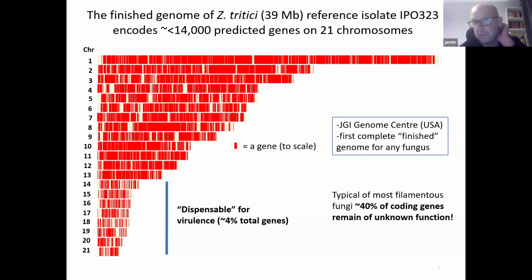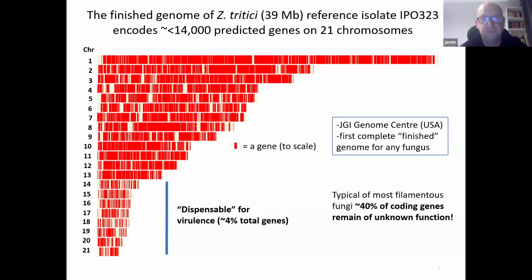At the time, it was the first complete finished genome for any fungus. So quite a scoop, really, for what was then called Mycosphaerella graminicola, before it more recently became Zymoseptoria tritici. You can see there in the red bars all the different genes that are predicted and where they are on those chromosomes. And for this particular isolate, we have 21 chromosomes.